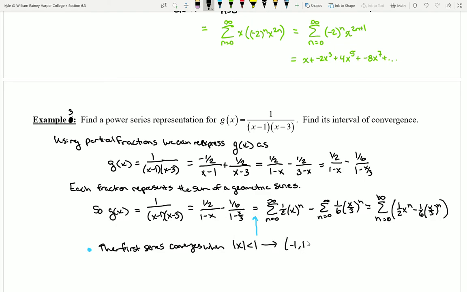That's on the interval -1 to +1. And the second series converges when the absolute value of x over 3 is less than 1. That gets me that x should be in between -3 and +3.